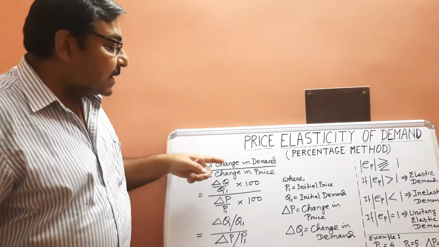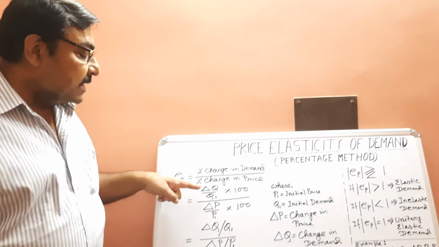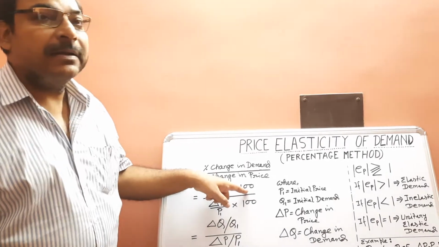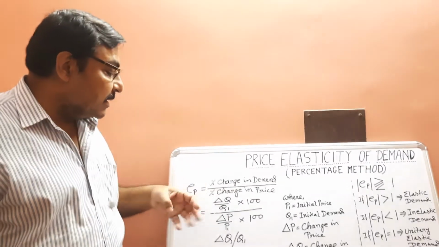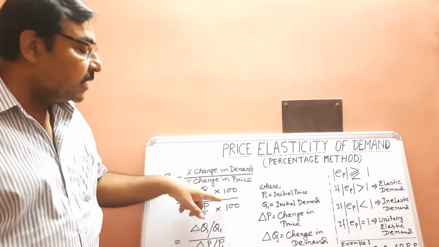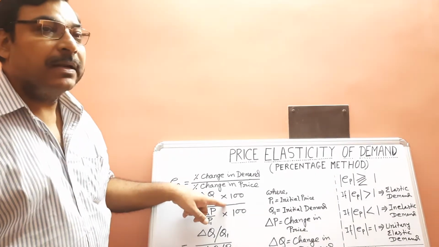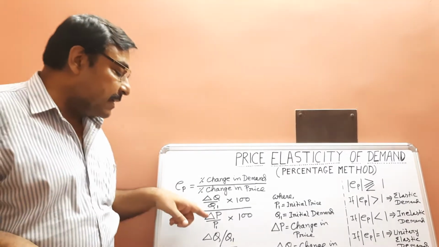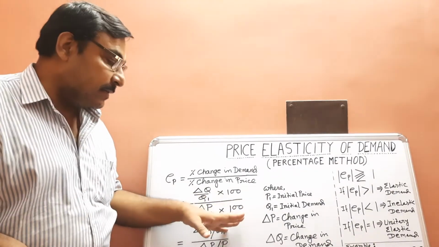So in place of percentage change in demand, we can write delta Q by Q1 into 100. Percentage change in demand means change in demand divided by initial demand into 100, delta Q by Q1 into 100. In the same way, percentage change in price is delta P by P1 into 100.